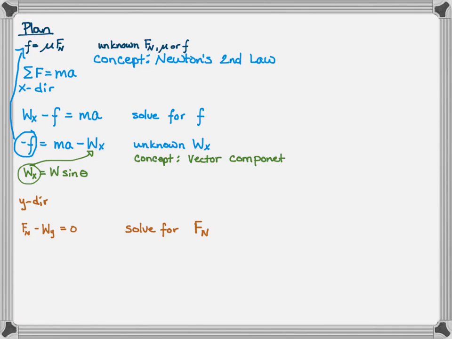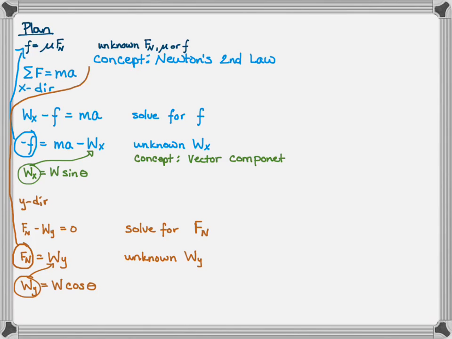In this case, what I'll do is solve for the normal force F_n. F_n is going to be equal to the weight in the y direction, which is unknown. But the weight in the y direction is going to be another vector component, so W cosine theta will equal W sub y. Once I have W sub y, I have F_n.